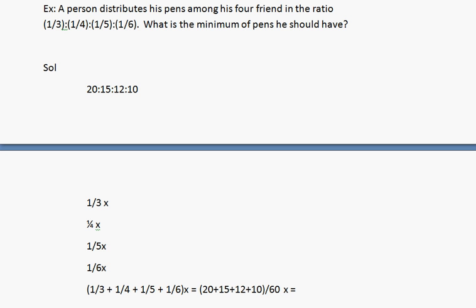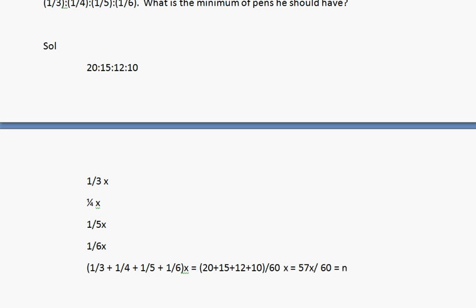Now if you add it, it becomes 57x by 60, right? And this should be equal to some integer, some n, right? So x should be equal to 60n by 57, right?